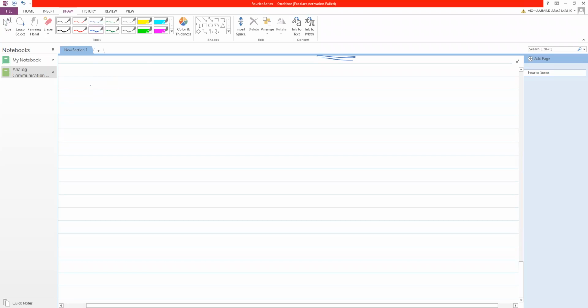In general, I will write f of t in a tabular form. Then I will write down Cn, that means the complex Fourier series, and its corresponding an, bn, and a0 value.